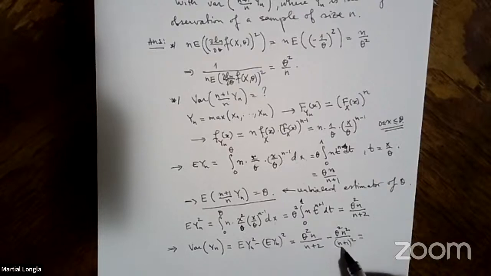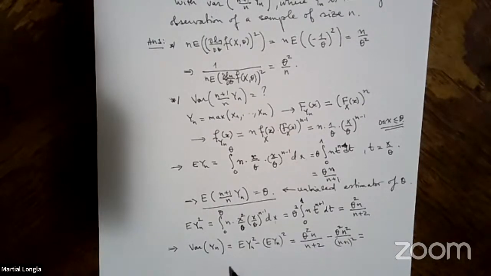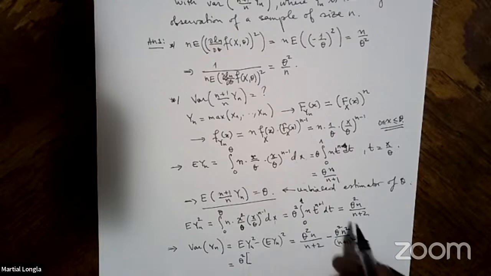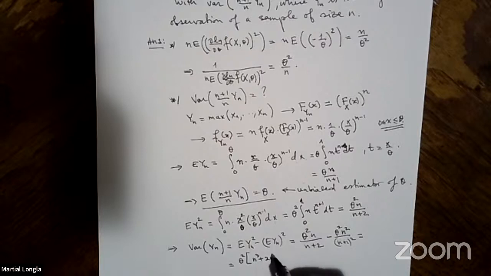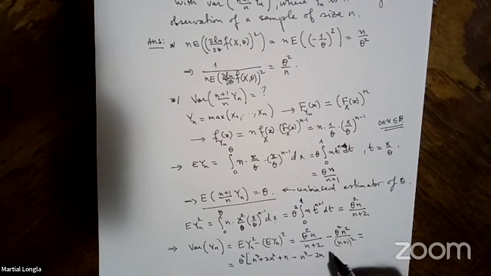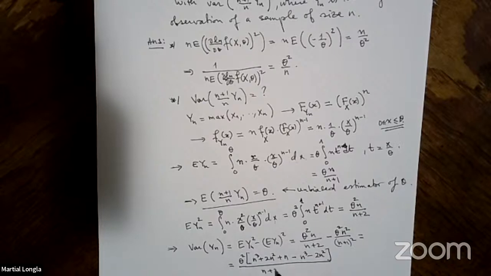That gives you n plus 1 squared times n, and here you have n squared times n plus 2. Things are going to cancel up there, so that's theta squared times, here you're going to have n cubed plus 2n squared plus n minus n cubed minus 2n squared, divided by n plus 2 times n plus 1 squared.